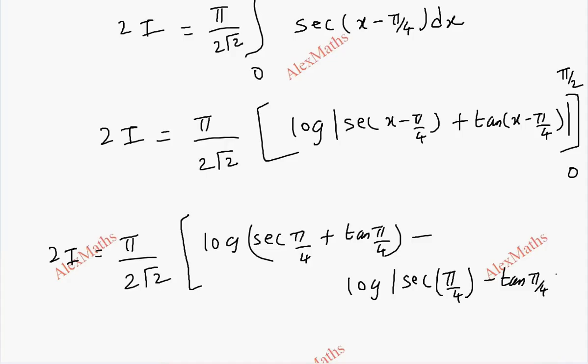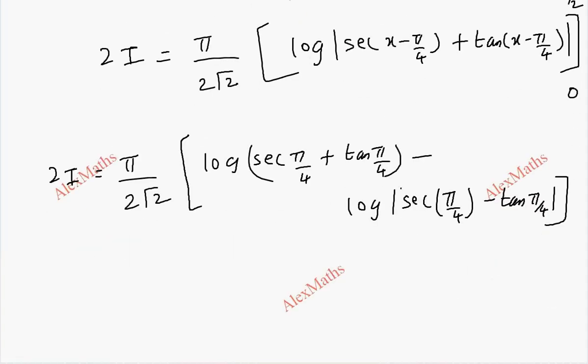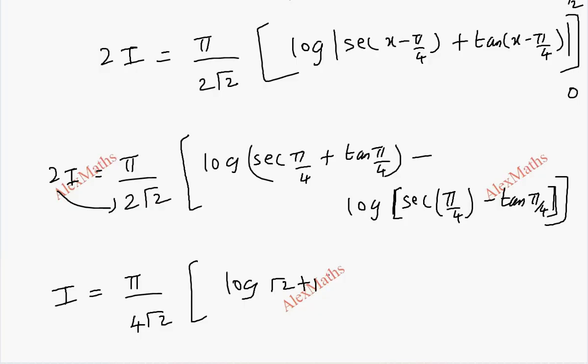So we completed substitution of the limit. One can take mod or normal bracket. Now this 2 can be taken to the other side. So I equal to pi by 4 root 2. Now log of, this is root 2 plus 1, minus log of root 2 minus 1.